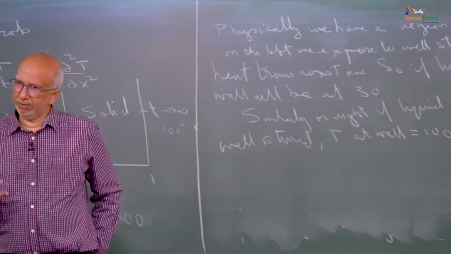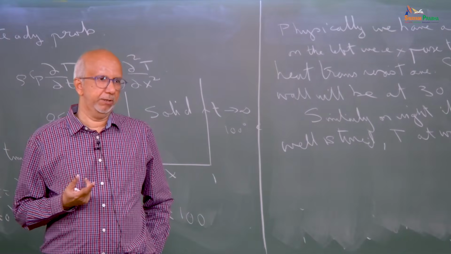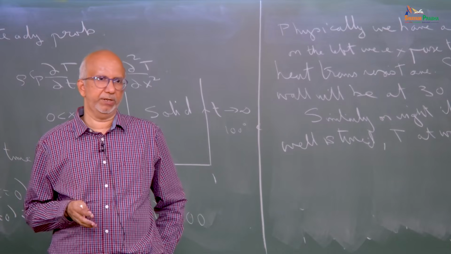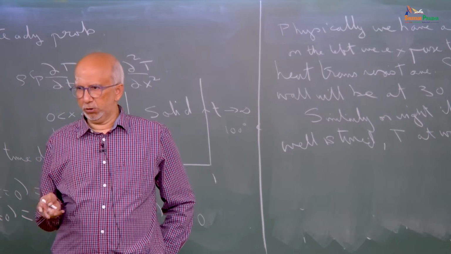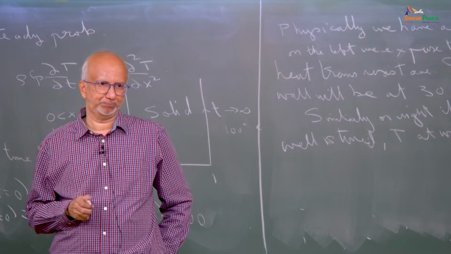But if the liquid is not well stirred, then you have to modify the boundary condition. You will have to use Newton's law of cooling, we will see that. Okay.